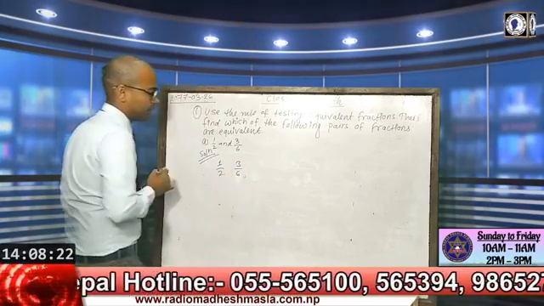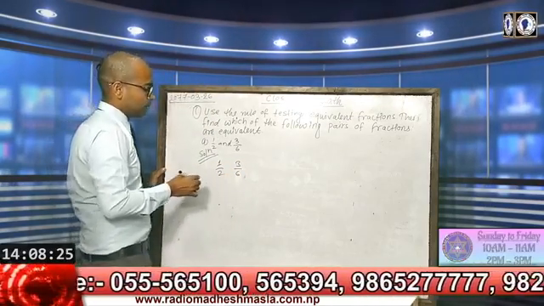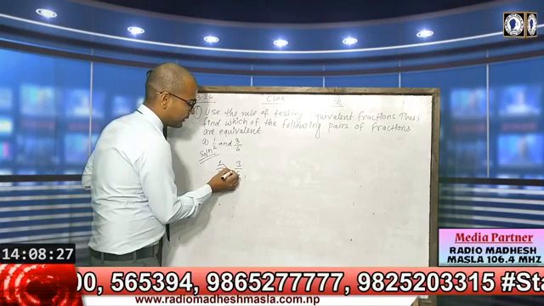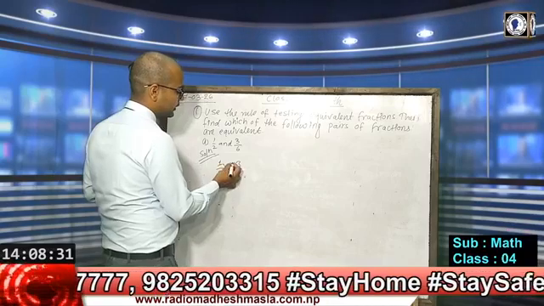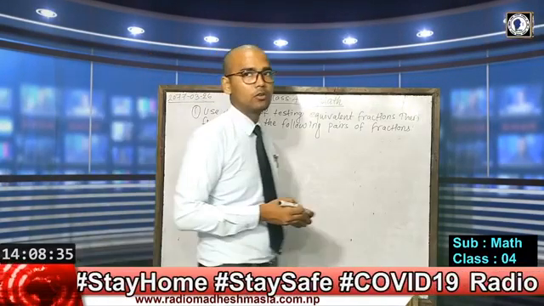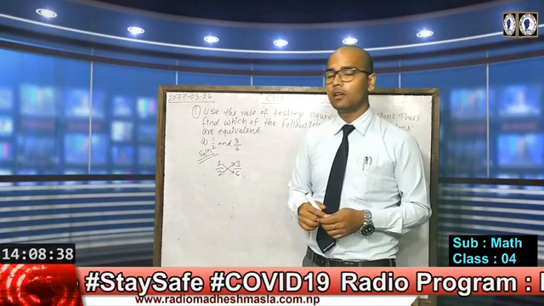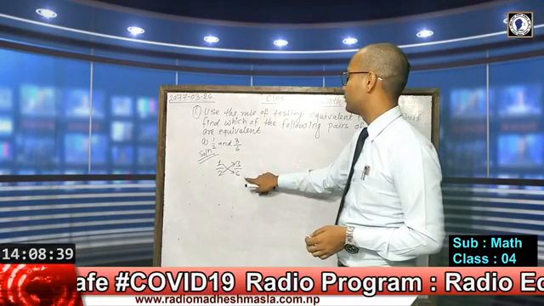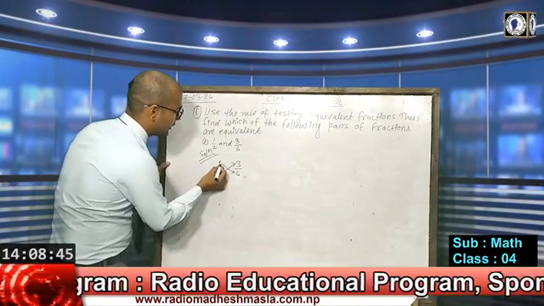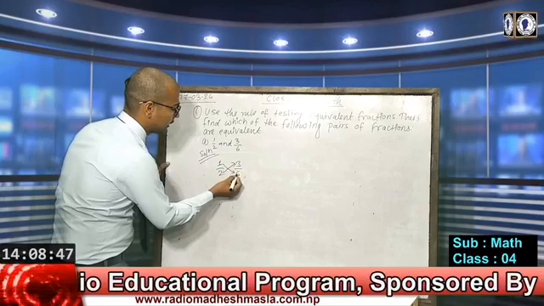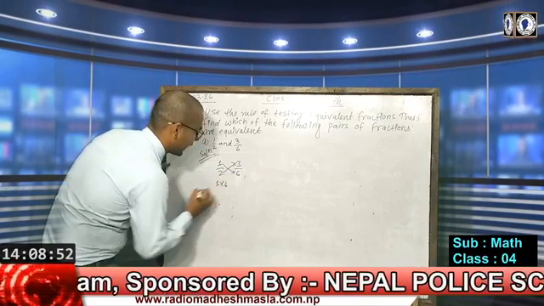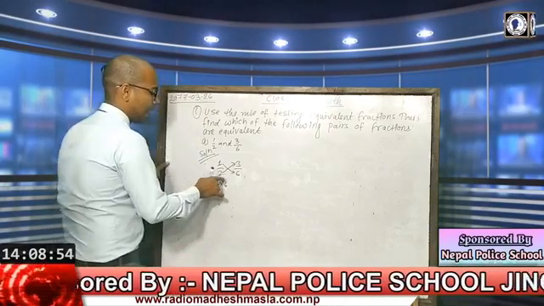Here we have two fractions, and we multiply the numerator by the denominator, then the denominator by the numerator. In this way we use cross multiplication to find whether the given fractions are equivalent. After multiplying numerator and denominator, we get 1 into 6 and 2 into 3.